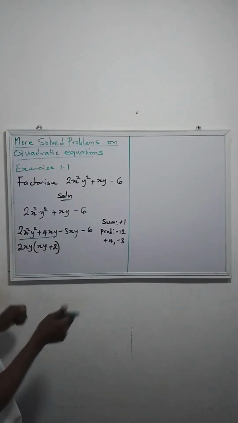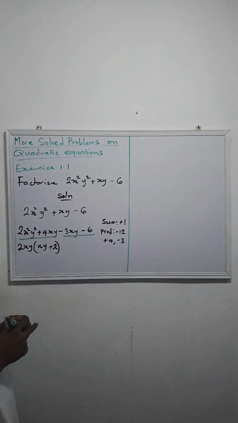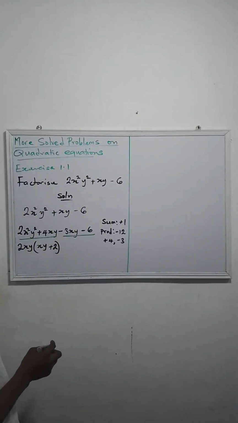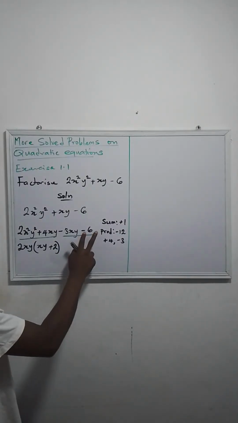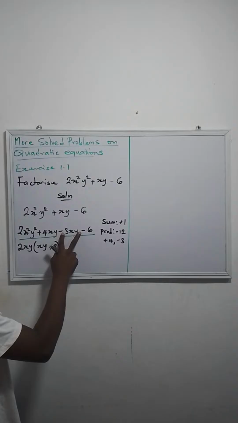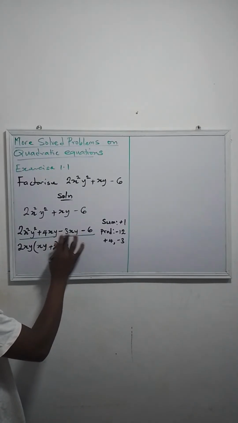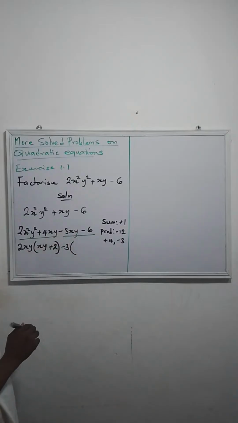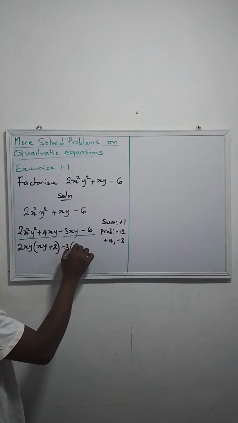Now let's look at the second pair. What is the GCD here? That is negative 3. Negative 3 can go here, negative 3 can go here. So when you divide negative 3xy by negative 3, you have xy.